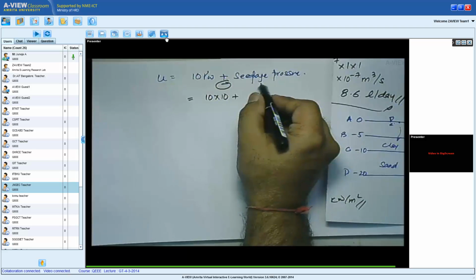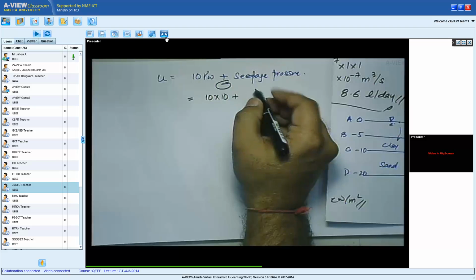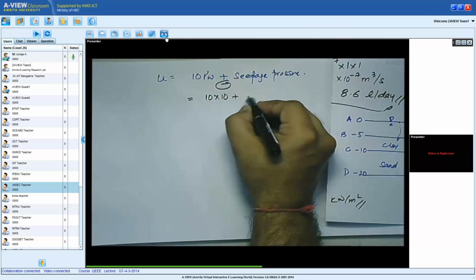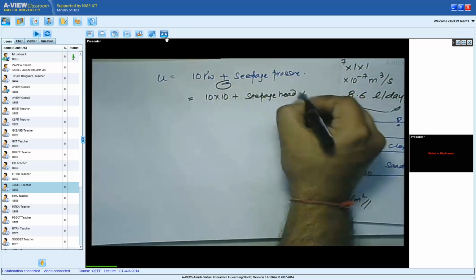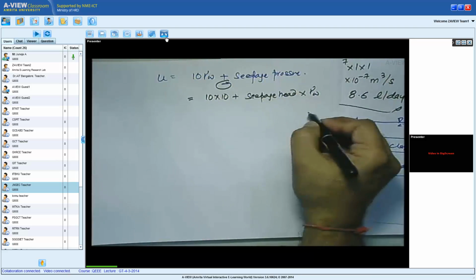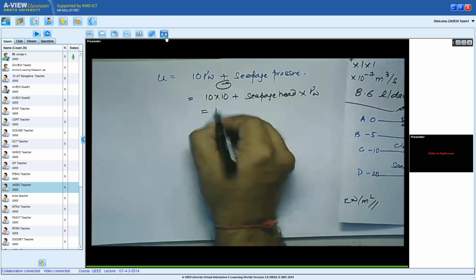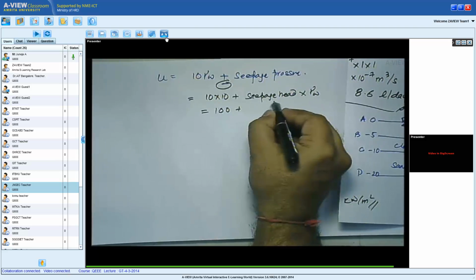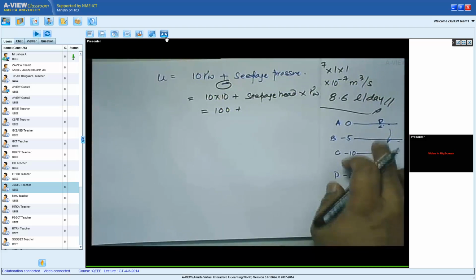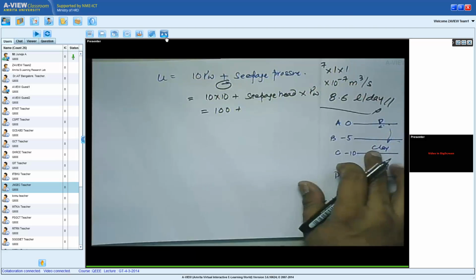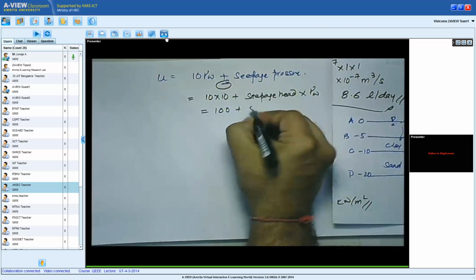It should be the seepage head times the unit weight of water, so equals to 100 plus seepage head at this level is 5 meters. All the 5 meters is lost in this soil, so at this level it is still 5 meters.